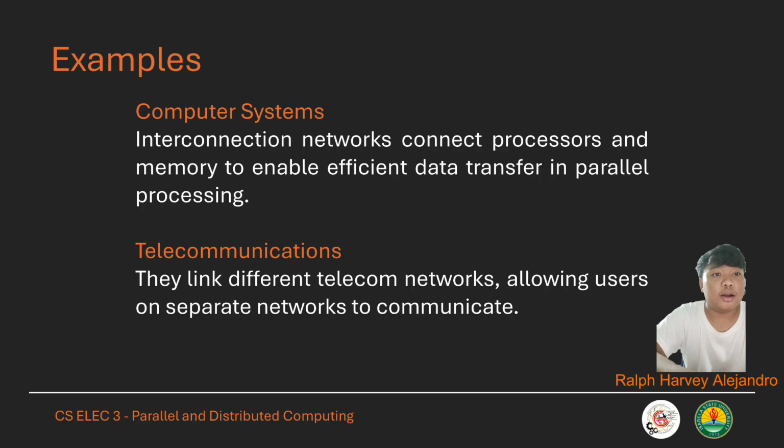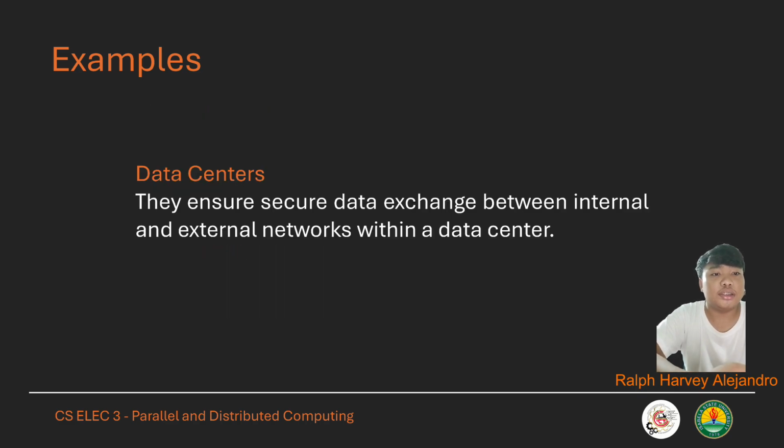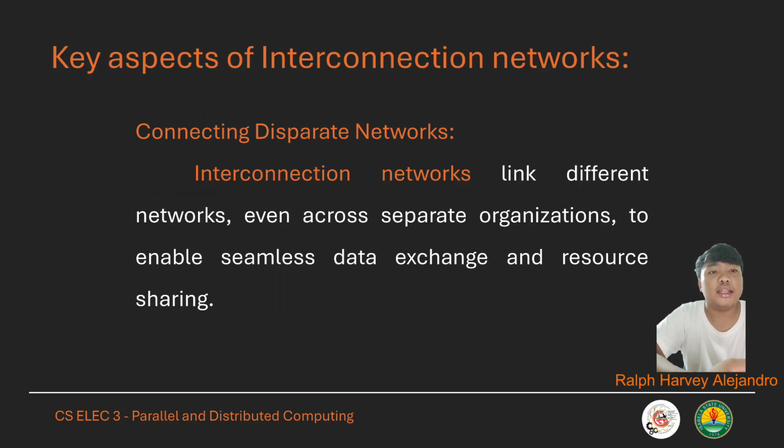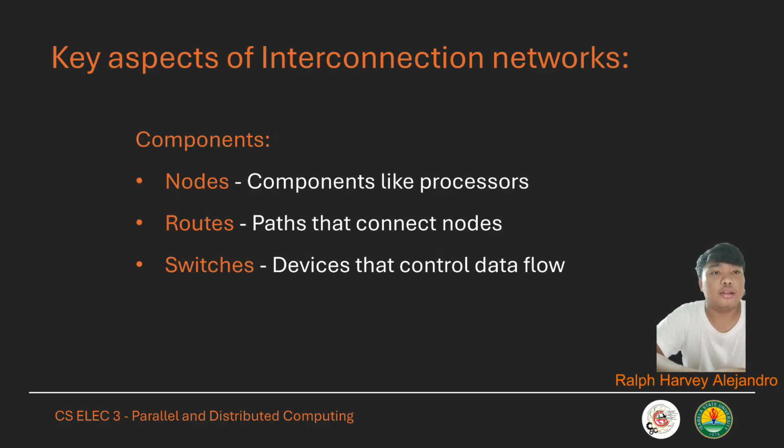Examples of interconnection networks are computer systems, telecommunications, data centers, and WAN. The key aspects of interconnection networks are connecting disparate facilities, and the components involve the processor and memory of computer systems.